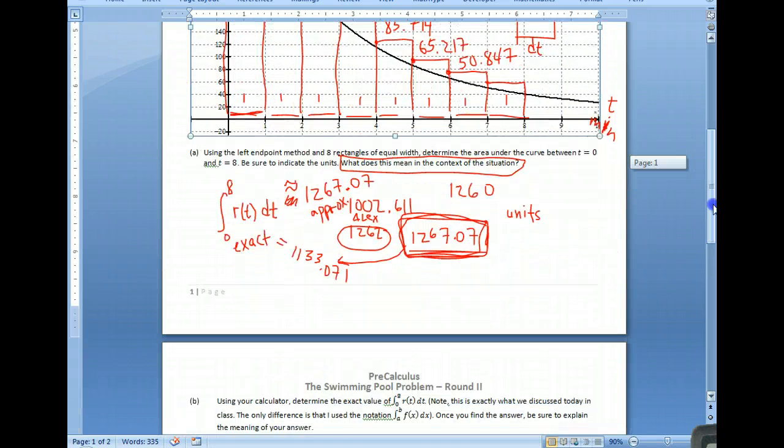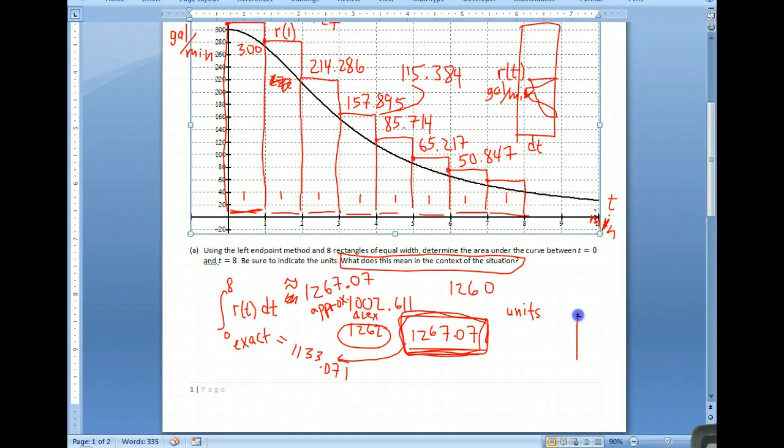Okay. Let me go down here. Each rectangle, the units of each rectangle are gallons per minute, and this is minutes on the bottom. If I'm trying to find the area of each rectangle, I'm multiplying base times height. The units of base are minutes, and the units of height are gallons over minutes.